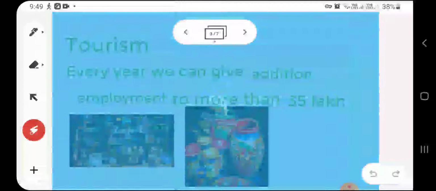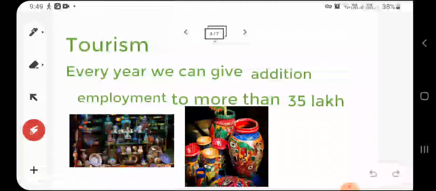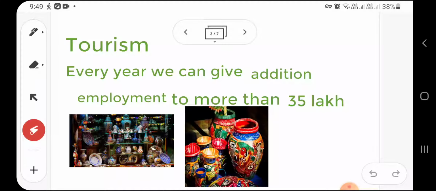Another point, developing tourism. Tourism should be developed and improved. According to the Planning Commission, if we develop tourism as a sector, every year we can give additional employment to more than 35 lakh people. Tourism boosts the revenue of the economy.